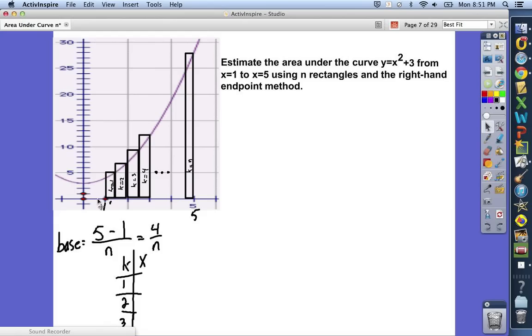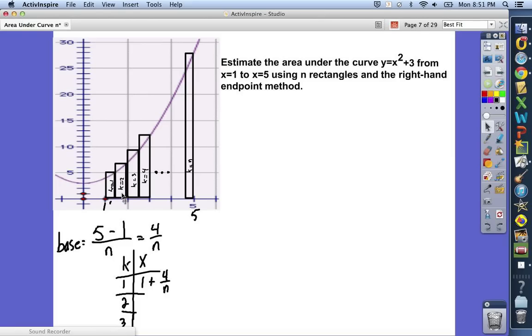So that appears to be at an x value of 1 plus whatever the width of one rectangle is. Now the width of each rectangle can vary depending on the number of rectangles we use, which would be n. So in this case we'll write it generically that the x value we'll plug in for the first rectangle would be 1 plus 4 over n.